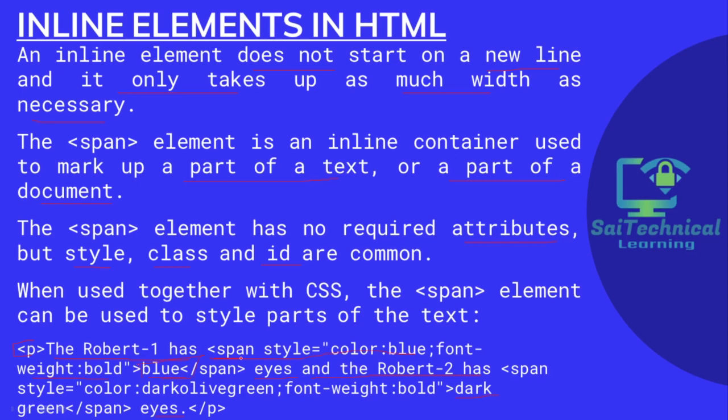So with the help of this style on the span element, we can provide the color to a particular character or word. Similarly, we are providing the color green and the bold property to the dark green word.